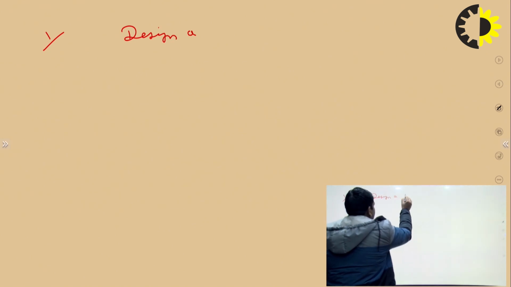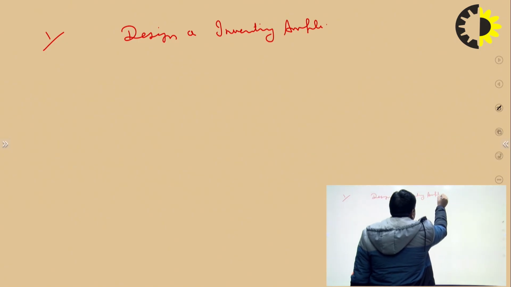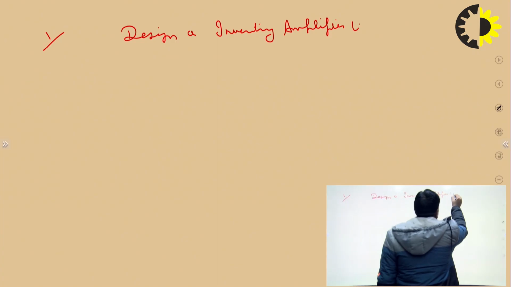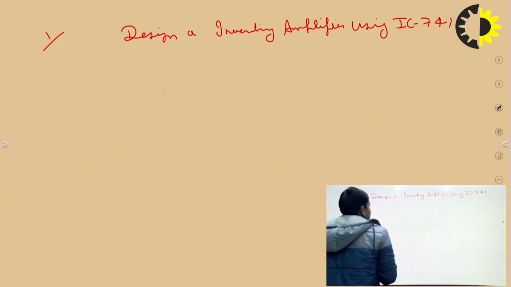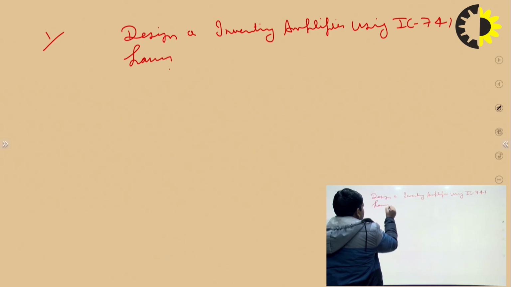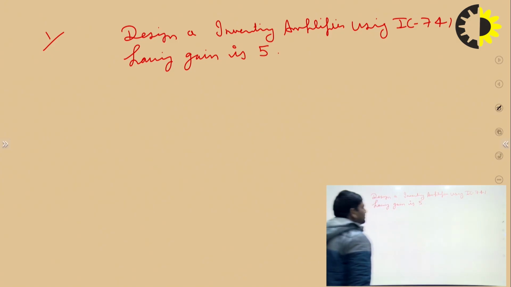A very important question: design an inverting amplifier using IC 741 having a gain of 5. IC 741 is an operational amplifier IC.